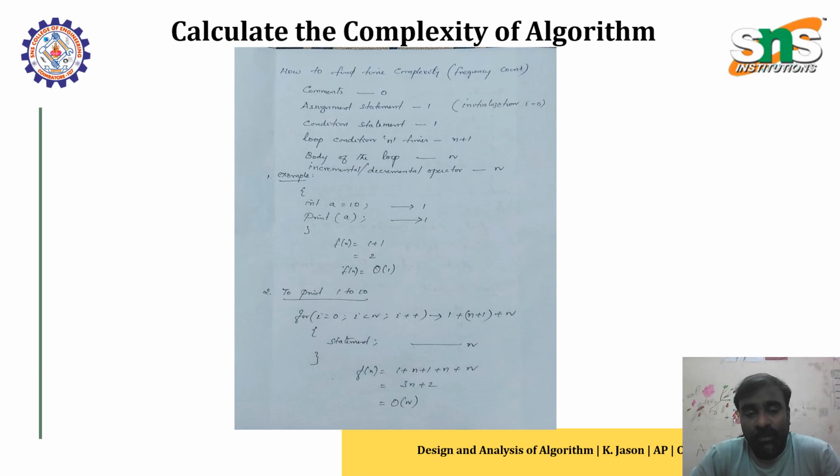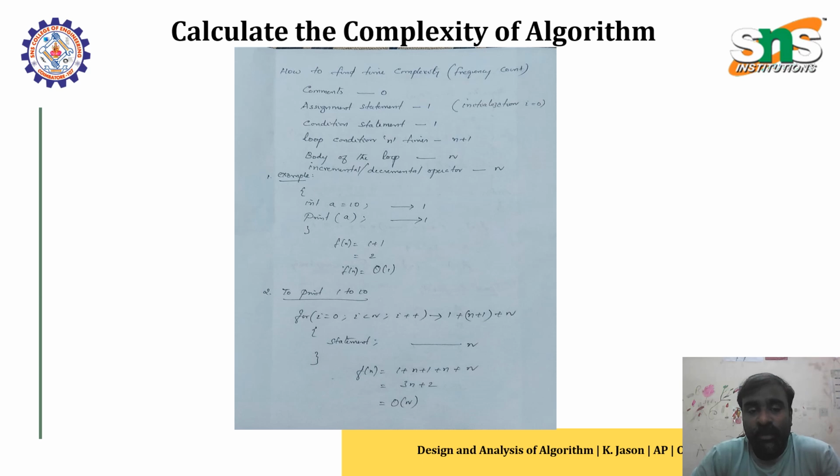Let us go to the first program, to print the value of a. You get the input and you have to find how much time is required. So consider some algorithm: A assign 10. That's the initialization, that's the assignment. It takes 1 unit of time.